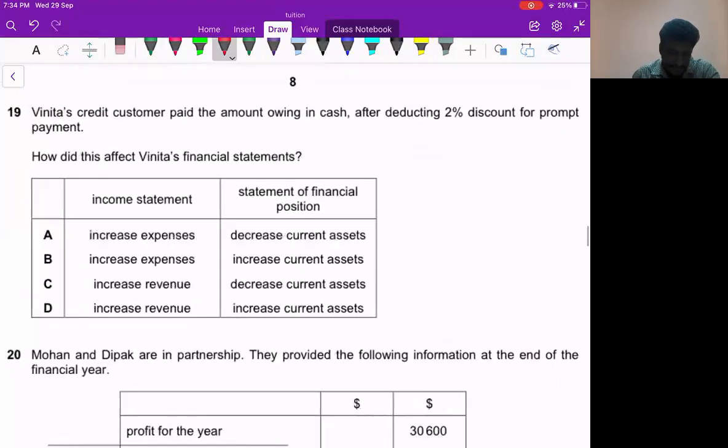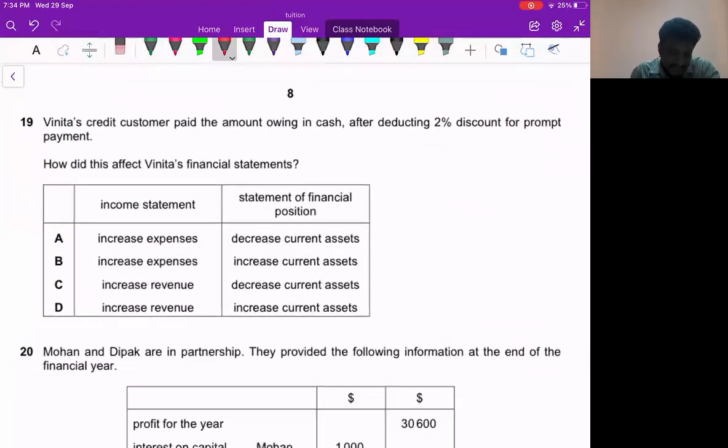Okay. Question number 19. Vinita's credit customer paid the amount owing in cash after deducting 2% discount for prompt payment. Prompt payment is a cash discount. How did this affect Vinita's financial statements?